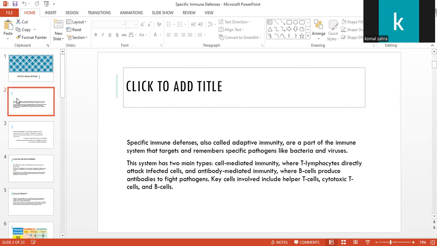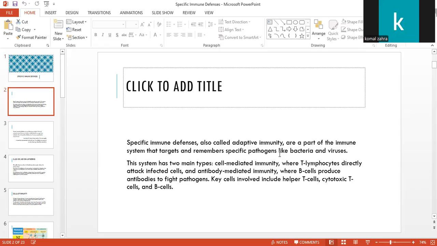Specific immune defense is also called adaptive immunity. Adaptive immunity means the immune system adapts according to the specific type of infection. Viral or bacterial infection are part of the immune system that targets and remembers specific pathogens like bacteria and viruses.